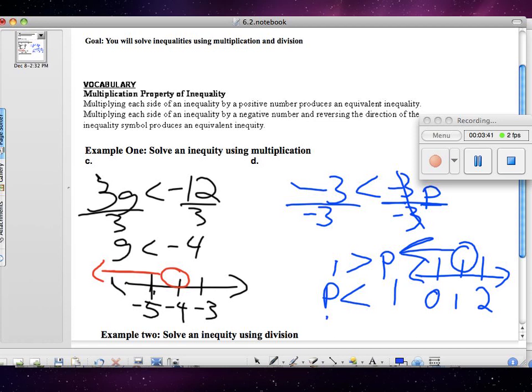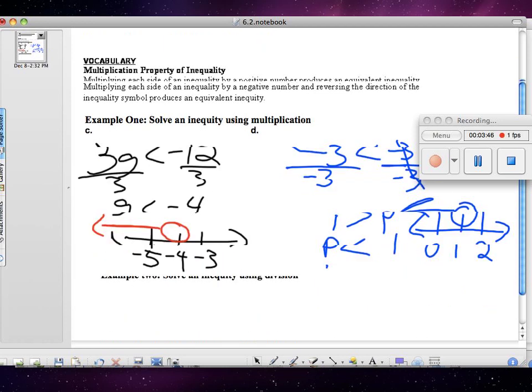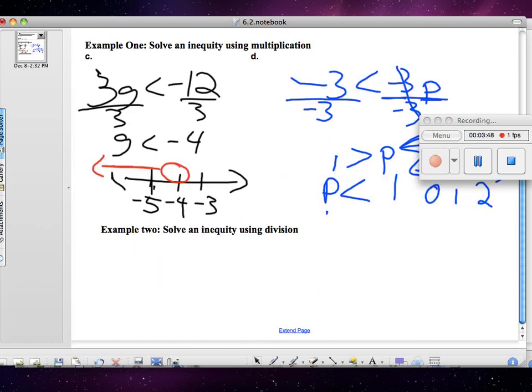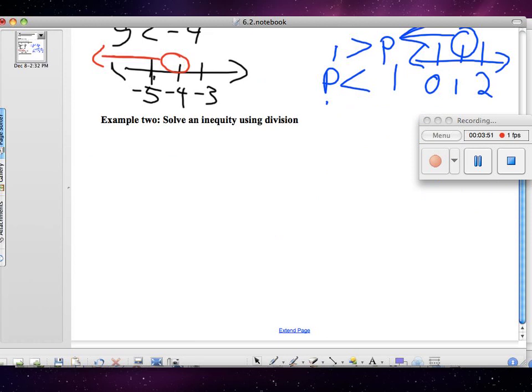Okay, so we dealt with dividing to get the letter alone. Let's look at multiplying in order to do it. We've got m over negative 3 is less than 2.